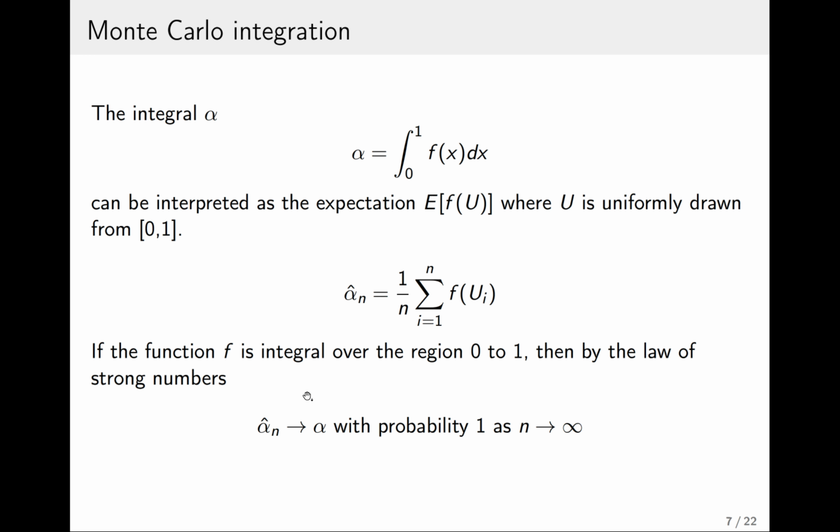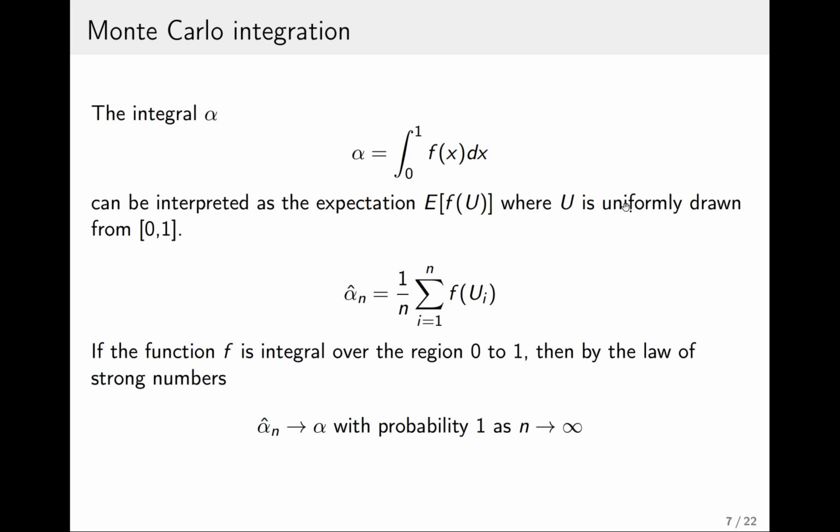Here we're just computing an integral alpha, where we integrate the function f(x), say between 0 and 1. We're trying to compute the value of alpha. We've got an integrand, and it could be that we can't do it either by hand or using Maple. Using the ideas of probability, we can rewrite alpha as the expectation value of the function f on random numbers from the uniform distribution.